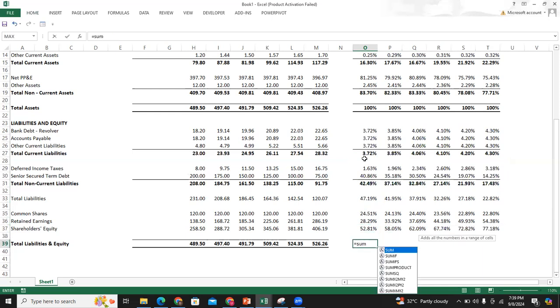Equals, I'm gonna do a sum of all my balances, comma, selecting my balances.